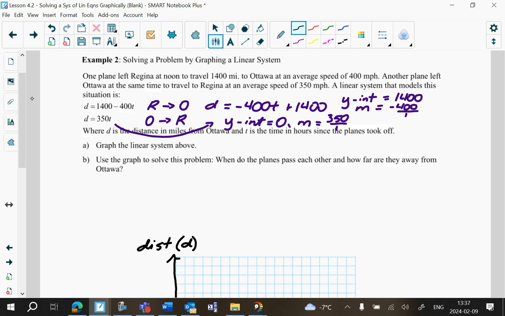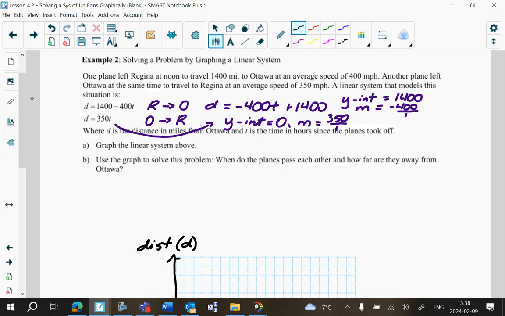Well, no, not 400, because it's 400 times the time. If I traveled for 1 hour, would you all see that I now have 1,000 miles to go? Because 400 times 1 is 400, 1,400 minus 400 is 1,000, right?